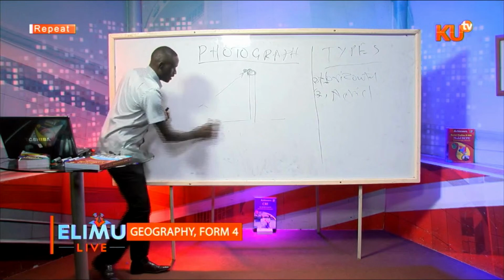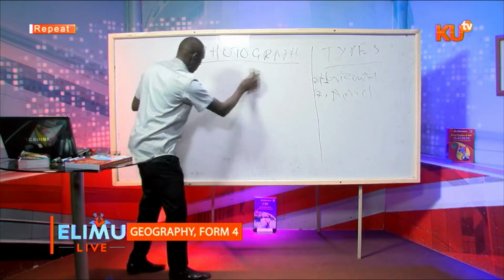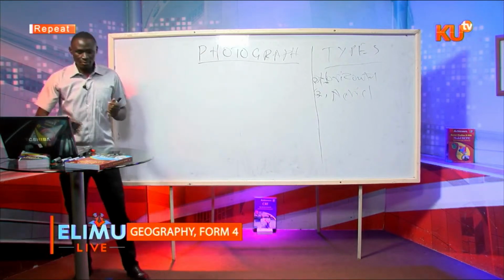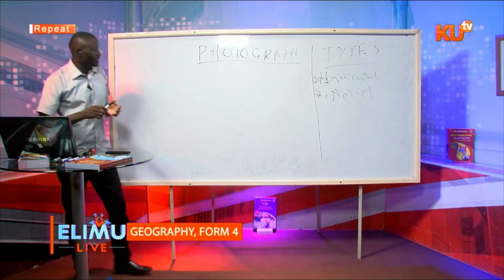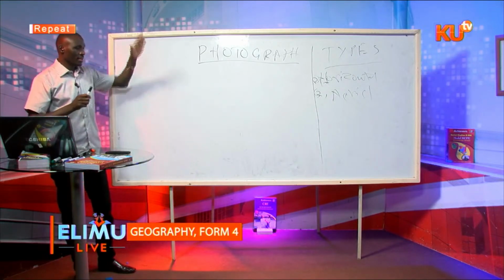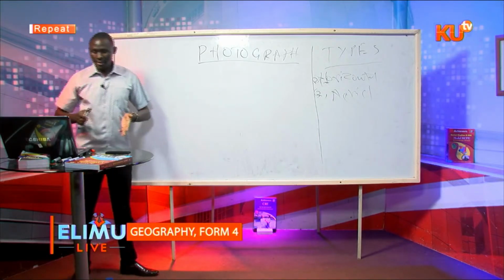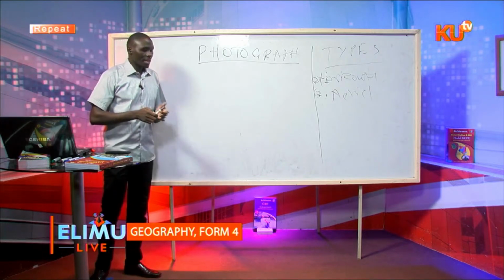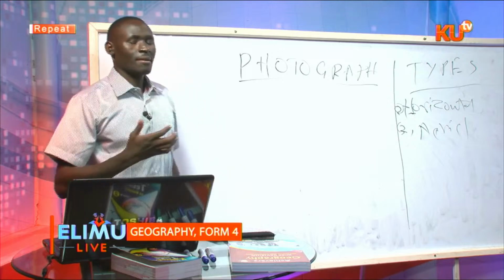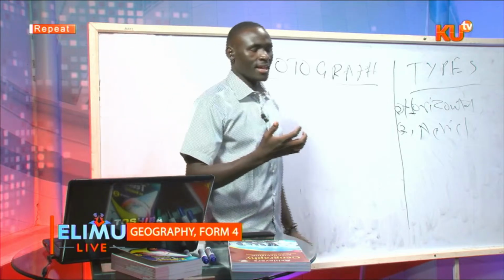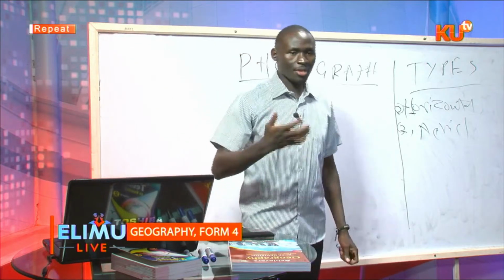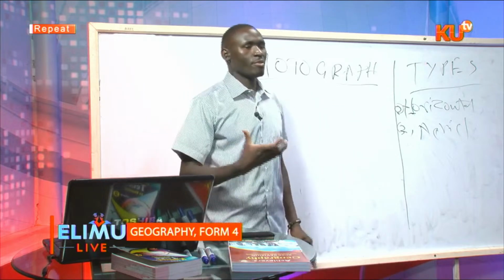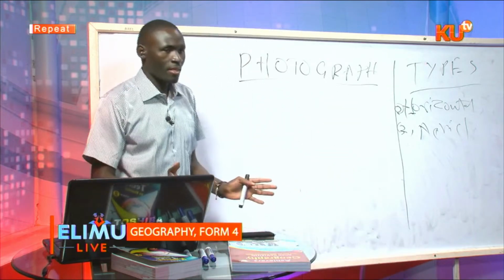The aerial photograph. From the word aerial, it means there's some height involved, and the camera person is, we can say, in the air. These photos are normally taken when there is a ground survey and somebody wants a clear view of what is happening on the ground.